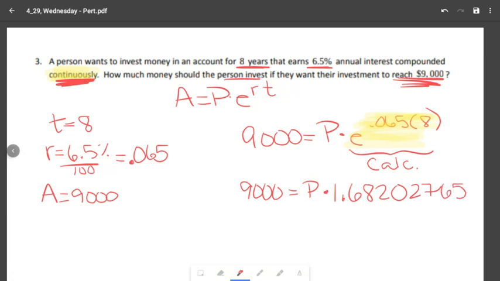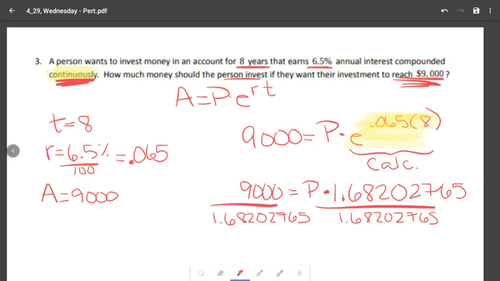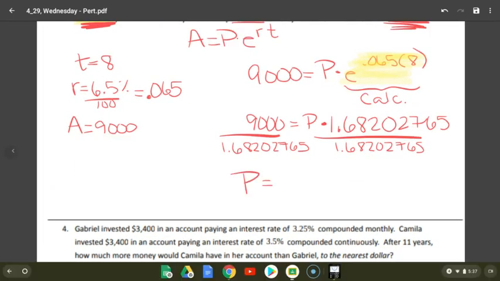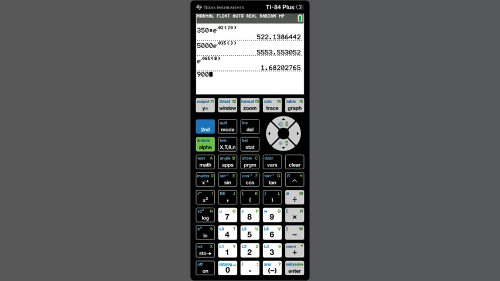Again, the P is multiplying with this number, so to get P by itself, we are going to divide this number to the other side. So we're going to have P equals, we're going to take 9,000, divide it by this entire decimal.